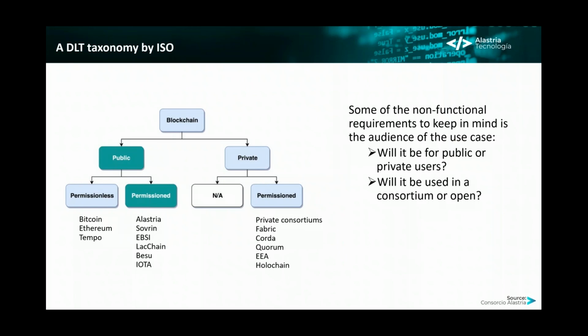It is also based on Besu. Besu, if you know, was created by Pegasus, a subsidiary company of ConsenSys. And you also see IOTA, which I'm going to mention later. Okay, it's public permissioned, nearly private, but public permissioned.